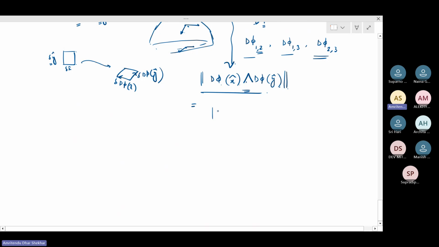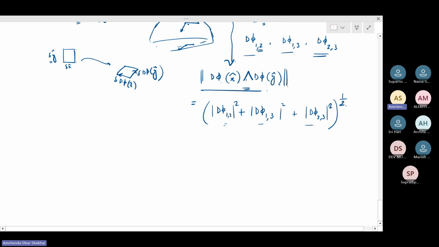So determinant of d phi 1 comma 2 squared plus d phi 1 comma 3 squared plus d phi 2 comma 3 squared, and then you take the square root of that. Okay. So this is basically the factor that you have to multiply it with.